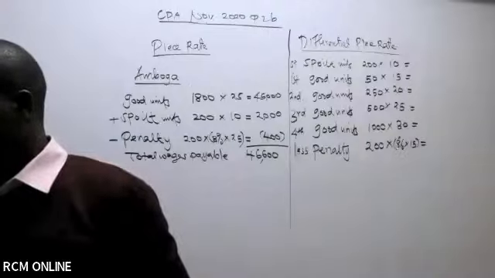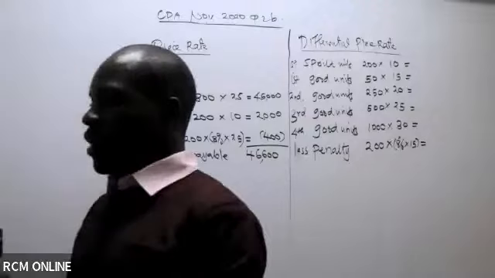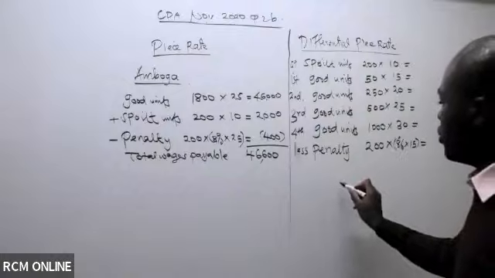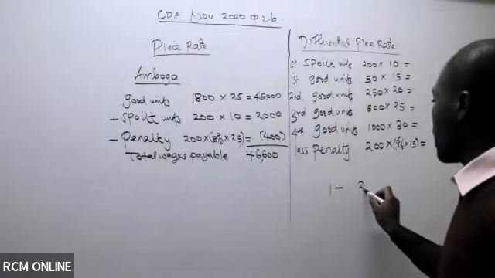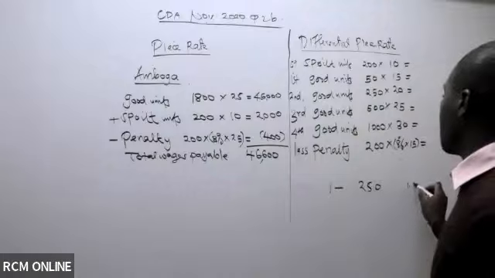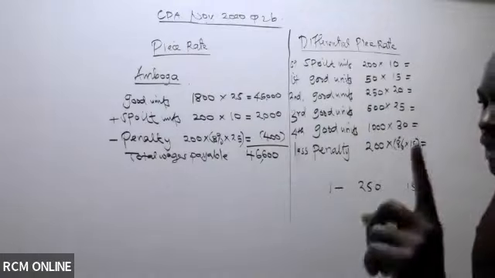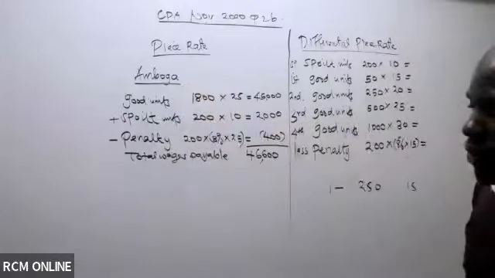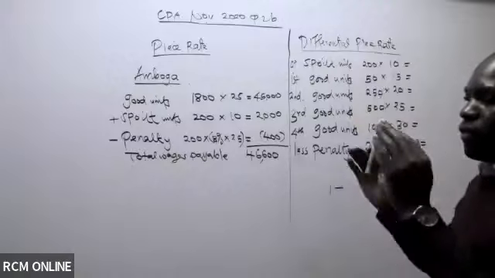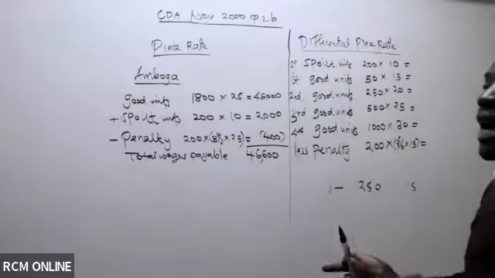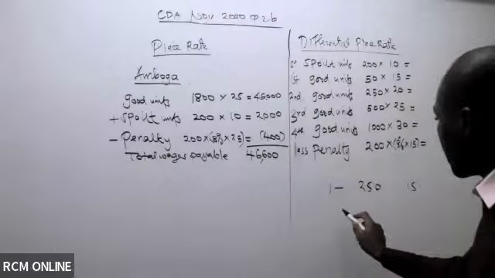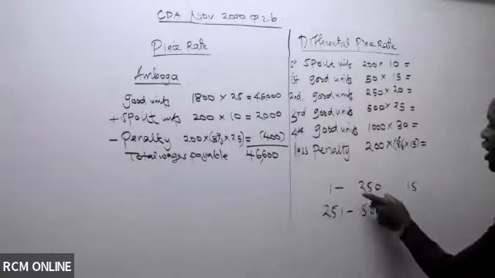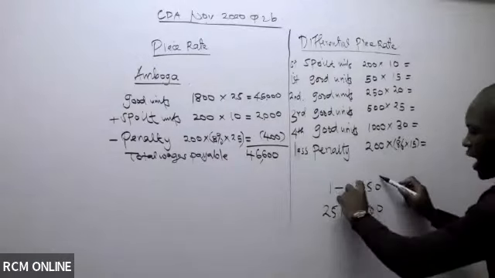Where did we get the first good units of 50? We are told that within the first batch will be any units from 1 to 250, paid 15 shillings. The examiner stated very well that Amboga had 200 spoiled goods. And under piece rate method, the 200 spoiled goods will be deducted from the first range, this range of 1 to 250. If you have spoiled goods, they will come out of here.